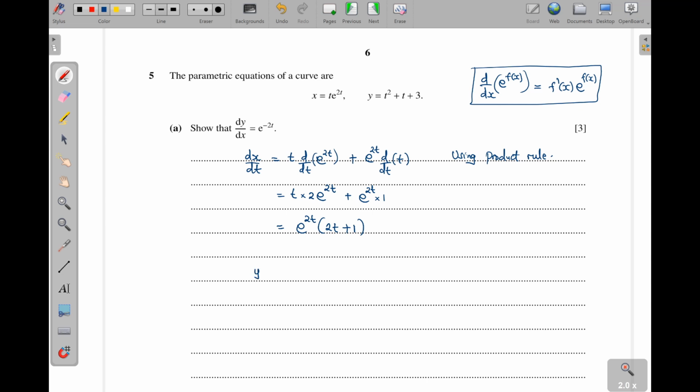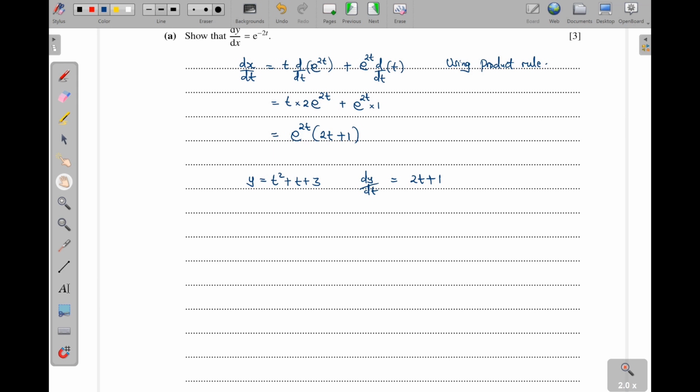Then we shall go to y. If y is equal to t squared plus t plus 3, that means dy/dt is going to be equal to 2t plus 1. Now, this simply implies that dy/dx is equal to dy/dt times dt/dx. Here we are using the chain rule.